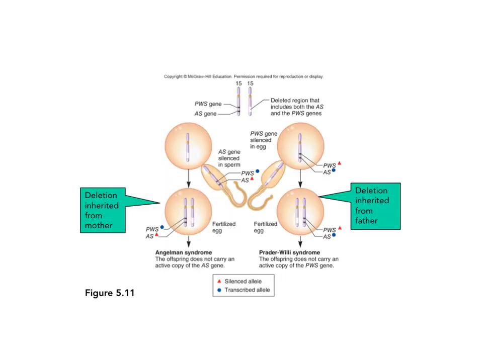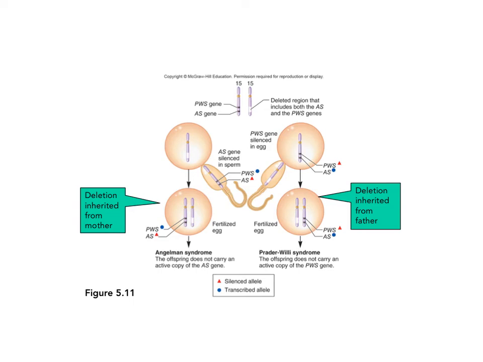Okay, so let's look at this a little bit more. Why we're talking about this is because if you want to predict the phenotype of the offspring, you have to know first the imprinting pattern for these genes, i.e. in which parent that gene is going to be silenced, because that's how it's going to be in the gametes from that individual. And then you also have to know which parent contributes the chromosome 15 that has a deletion of this region.